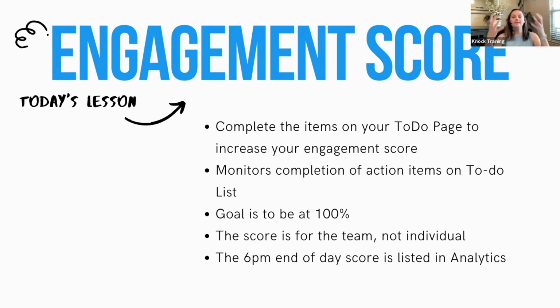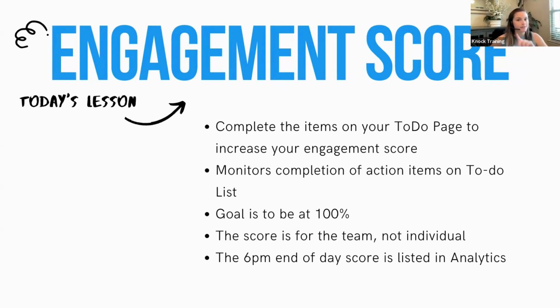So one of the best things about the system is that it is going to let us know what our to-dos are for the day, what type of follow-up, what type of engagement is needed. And as we complete that engagement, the engagement score is going to calculate and increase. And our goal is to reach 100% every day. That simply means we have completed everything on our to-do list.